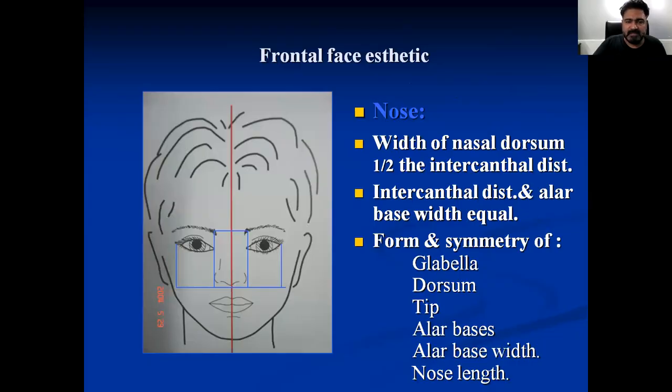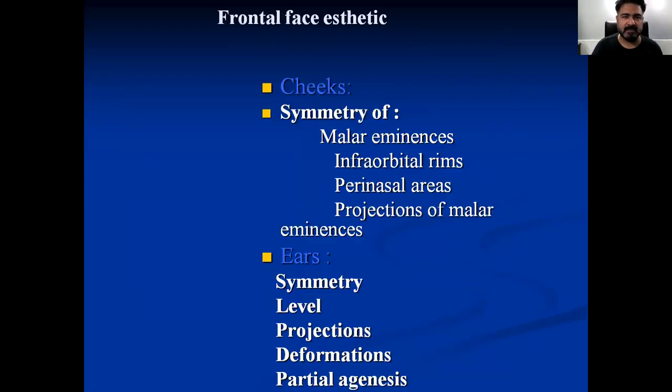Then frontal face aesthetics: the width of the nasal dorsum is very important. It should be half of the intercanthal distance. Form and symmetry of glabella, dorsum, tip, alar bases, alar width, and nose length are assessed.